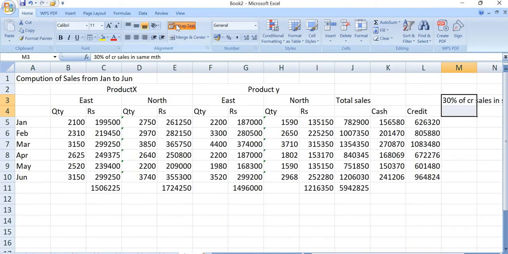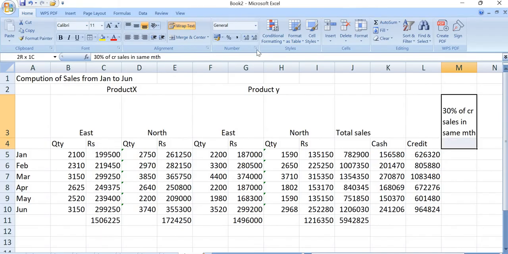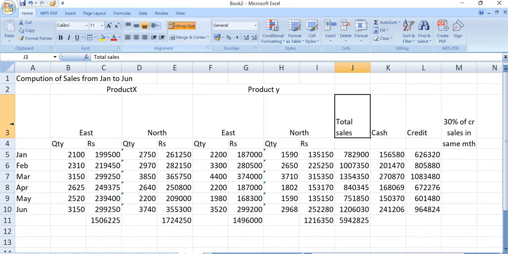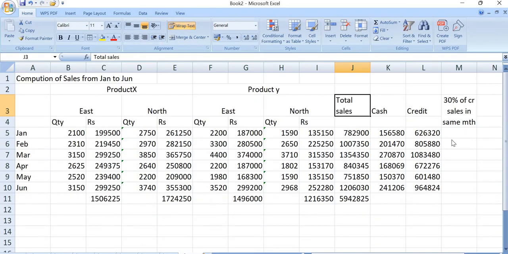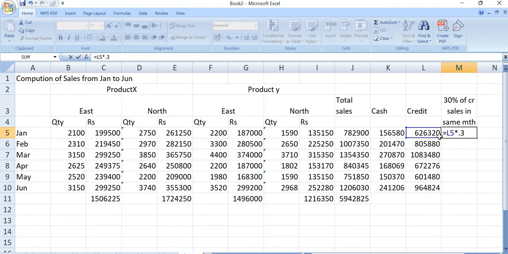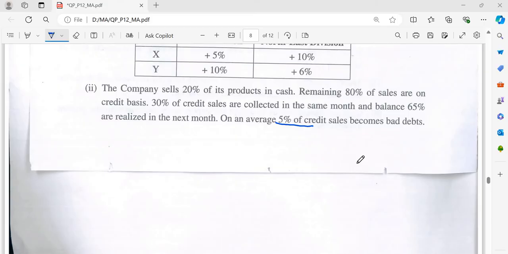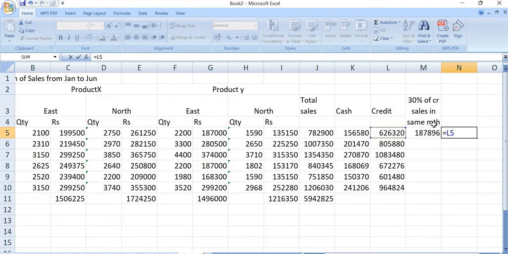So 30% of credit sales in same month. So that means in this 6,26,320, we are going to get 30% in the same month.